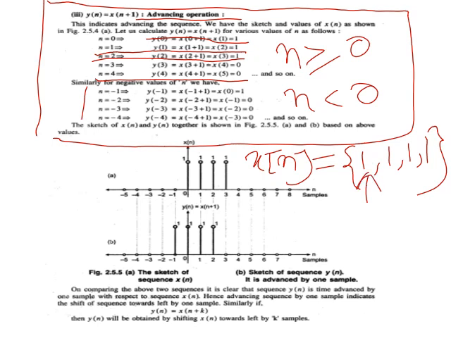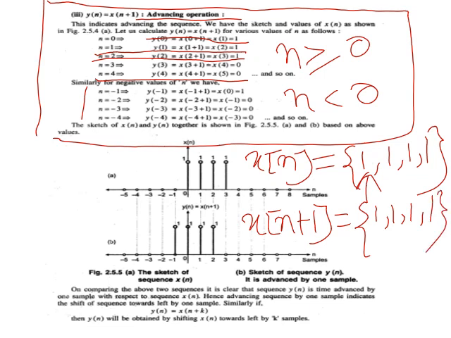Originally the arrowhead was here. Now I have to calculate x of n plus 1. So what is the value of constant here? 1, but it is plus 1. So plus 1 means you have to move your arrowhead where now? Backward or forward? Forward. How many times? That will depend on the value of this constant.